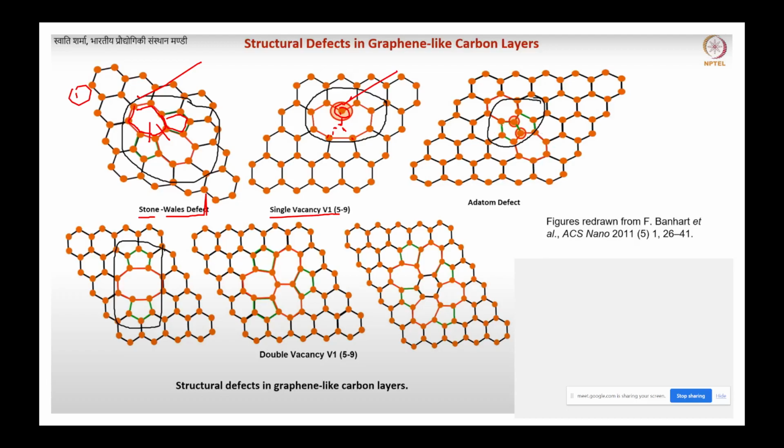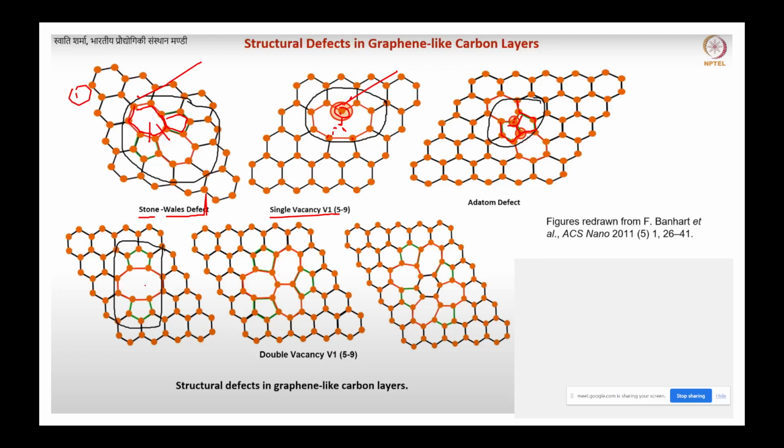Then the add atom, it is like this, but here you have an extra one. Here it is less than, 1, 2, 3, 4 and 5. So here one atom is missing, so it is an add atom defect.